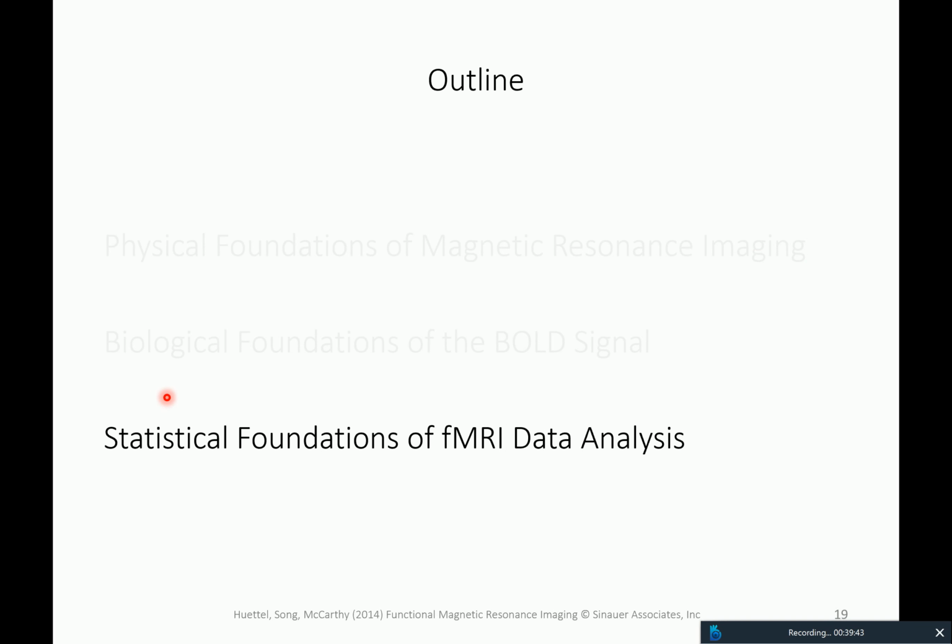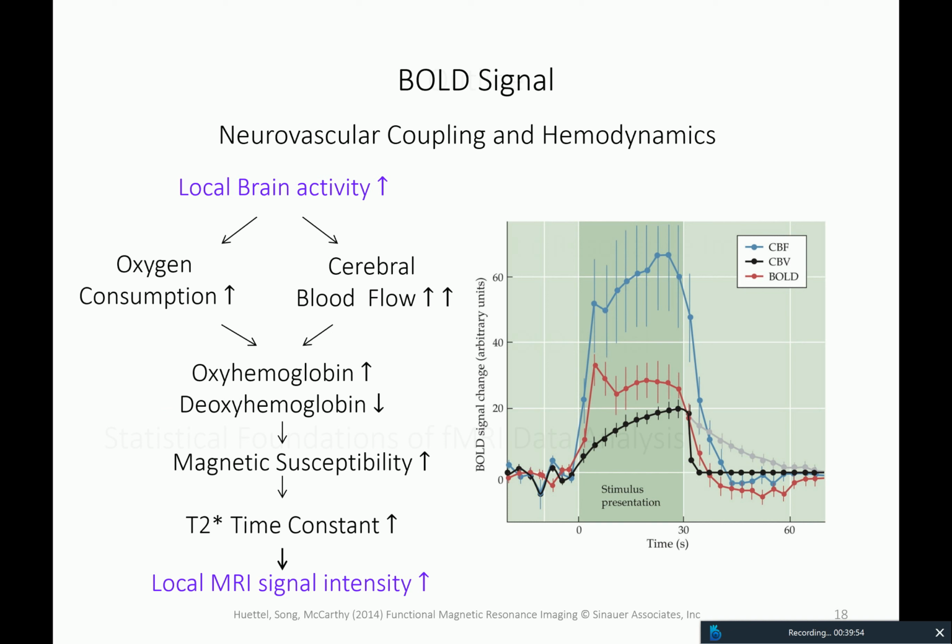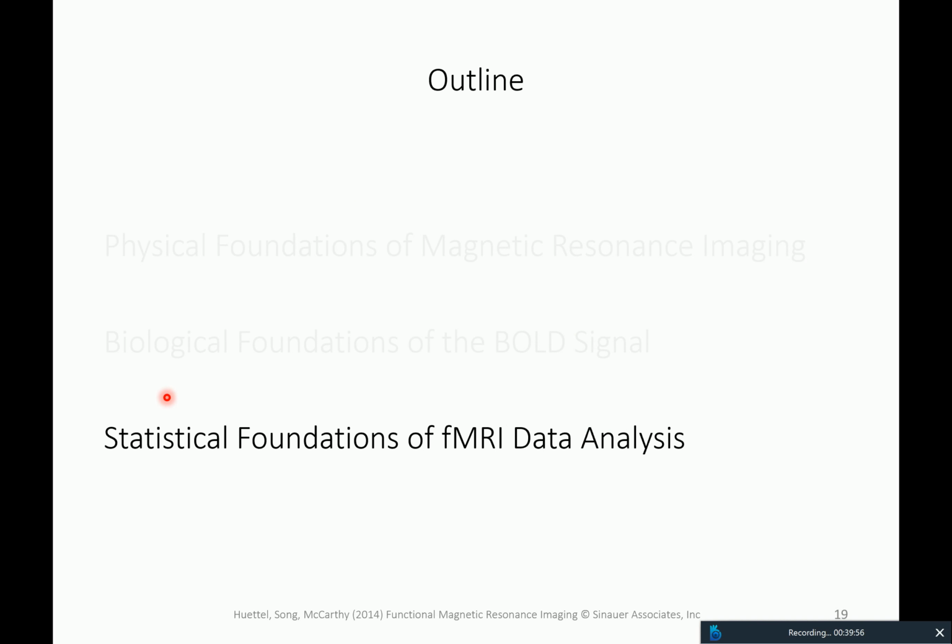So finally, maybe in the last part of this hour, something about fMRI data analysis. Because the stuff that we saw in the physics before, you will not really deal with if you're not doing research on it. So if you want to do MR physics or develop new sequences, feel free to.